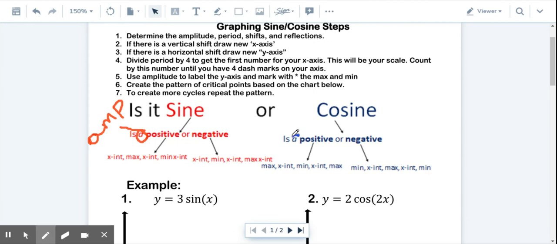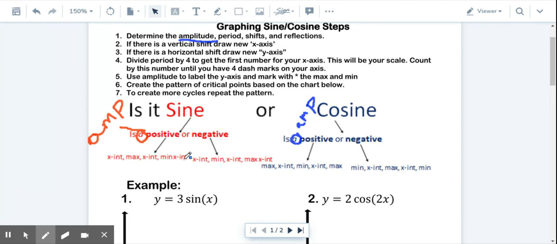And same over here on the blue side, A is referring to amplitude. So A is the amplitude. Whatever you find up here is going to go here and here. So if A is positive, then this is your pattern.